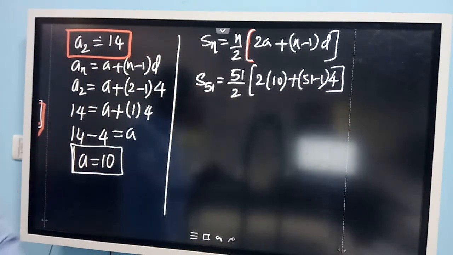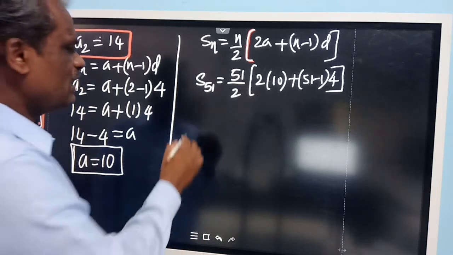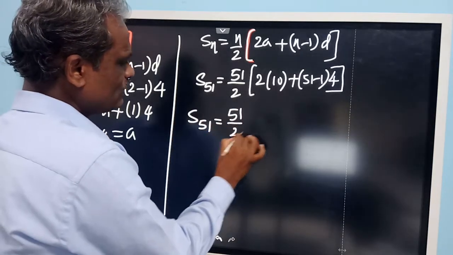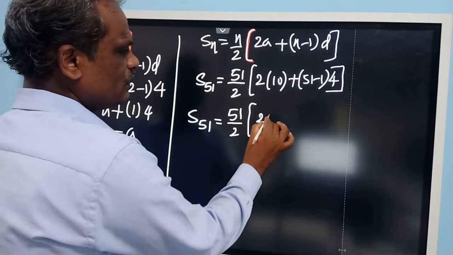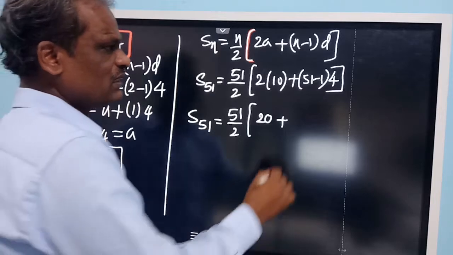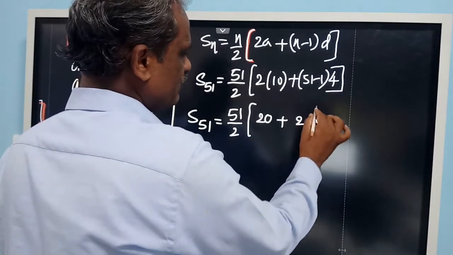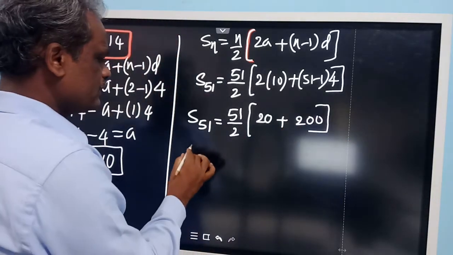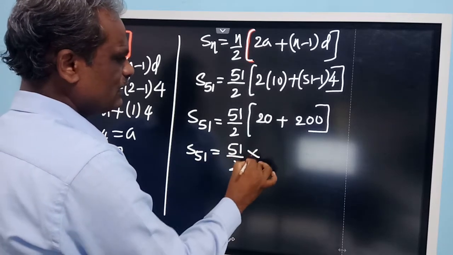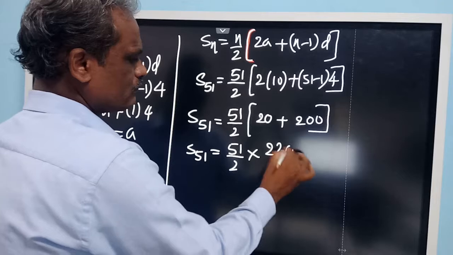Now if you simplify this, you will get the value of S51. S51 is equal to 51 by 2, keep as it is, 2 into 10 is 20, plus 50 into 4, which is 200. So S51 is equal to 51 by 2 into 220.